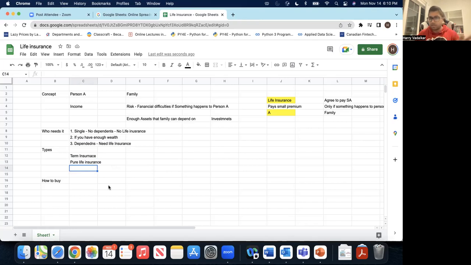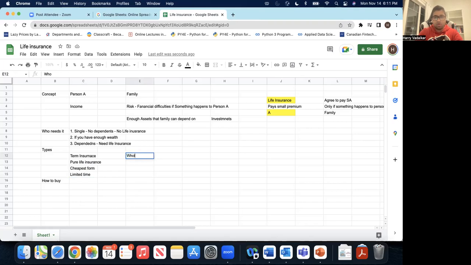You pay a small premium, you get covered for the sum assured. If something happens to the person who is buying life insurance, the insurance company will pay. Term premiums are the cheapest form of insurance, and they are for a limited time.